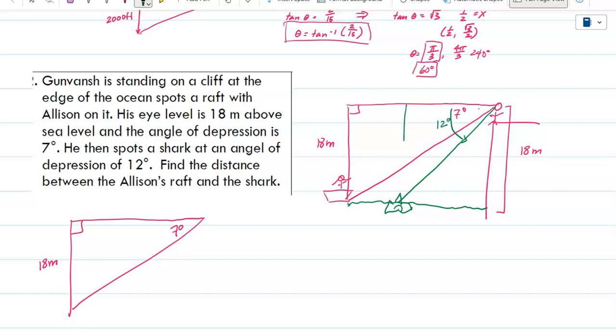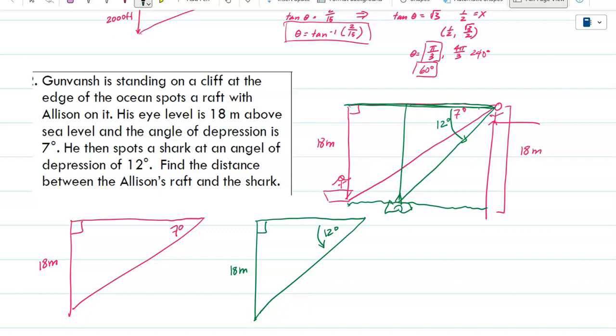Okay, so if I draw another triangle right here, that's 12 degrees, right triangle, and that's still 18 meters. We look at the distance because that's just the way we created the triangle.